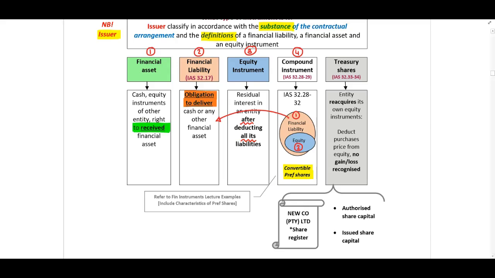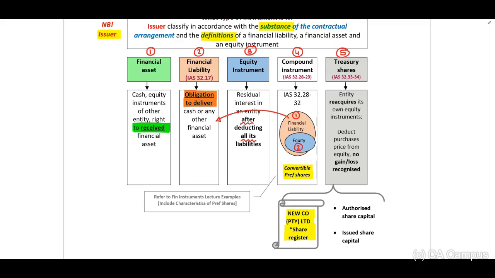The fifth definition is our treasury shares. Now I'm going to explain this by means of a basic example. When we register a new company with Sub-C, you will identify, and I'm pretty sure that you have experienced this during your articles, or you still will, that you will have to keep a share register for that entity.